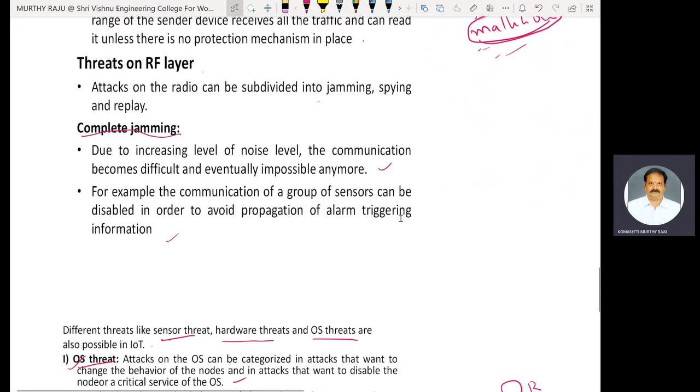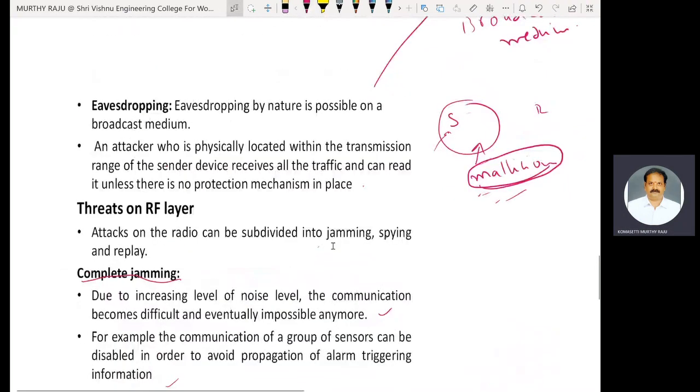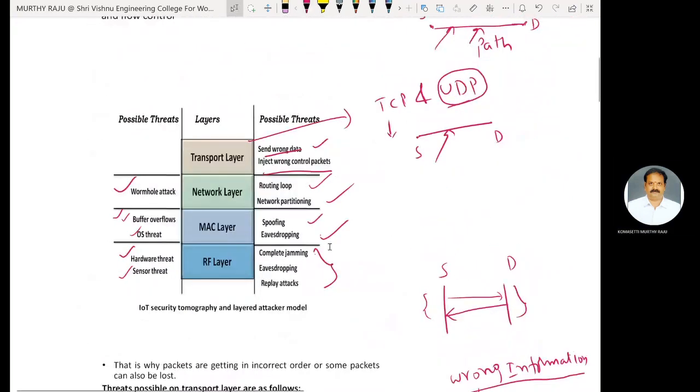These are the possible threats at different layers: transport layer, network layer, MAC layer, and RF layer. This is called IoT security tomography and a layer attacker model.